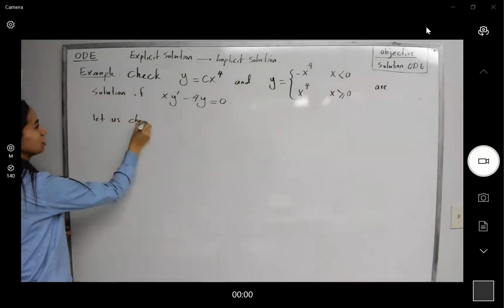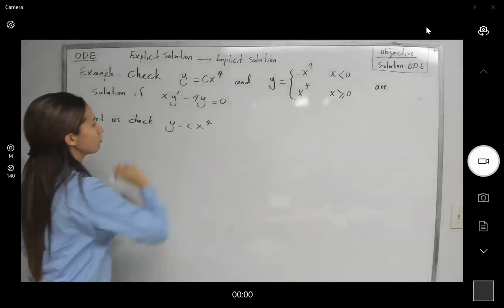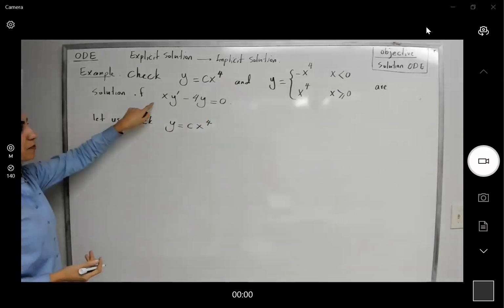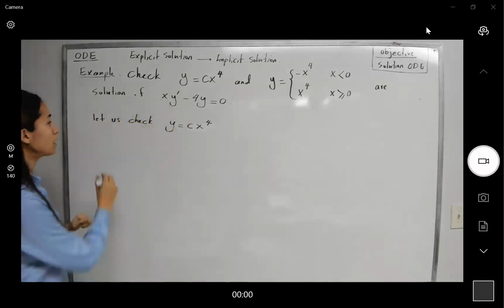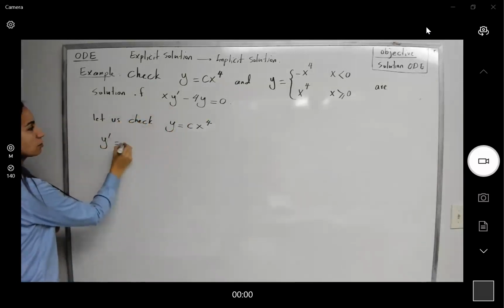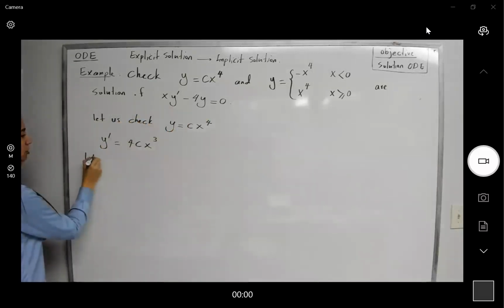Let us check y equals c x to the fourth. So as you can see, we need the derivative of y. So y prime is equal to 4c x to the third. Now let us substitute.